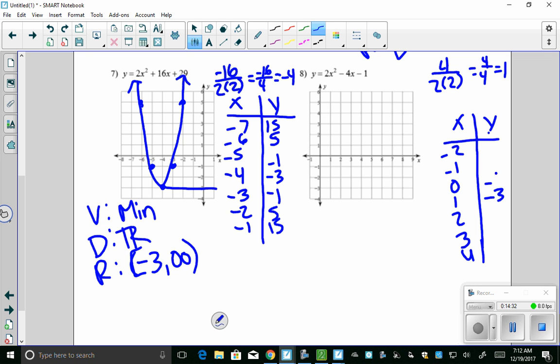This one is going to be negative 1, negative 1. Then it's going to be minus 4 times negative 1, minus 1 gives me 5. And then plug in negative 2, 15.